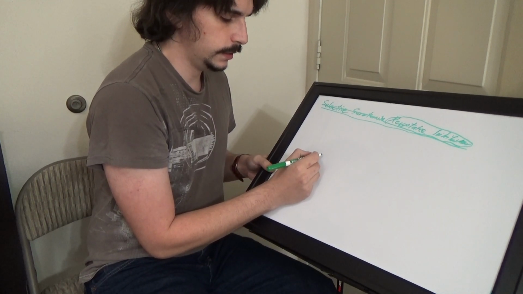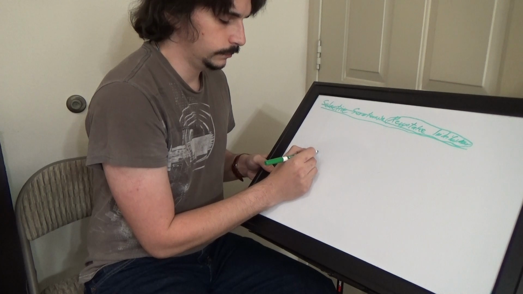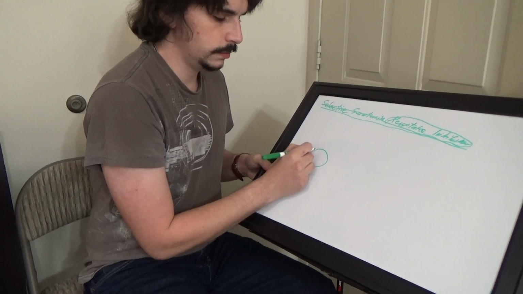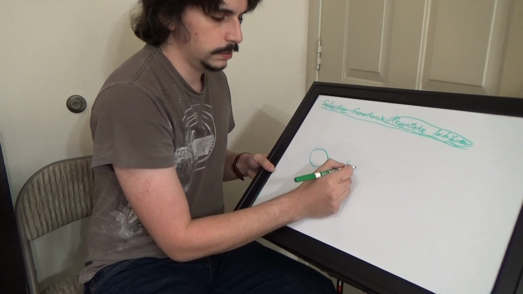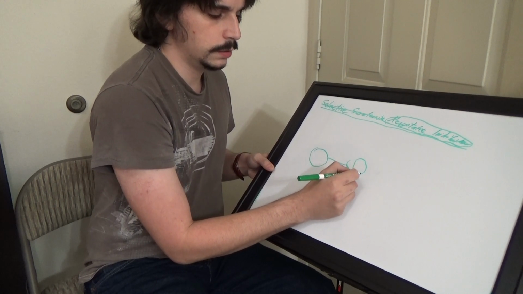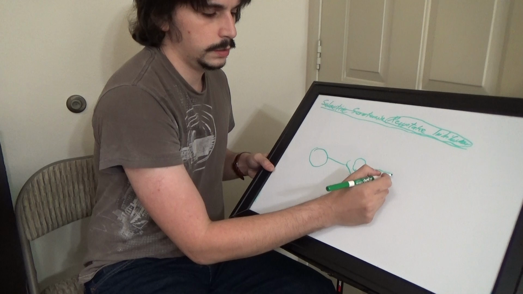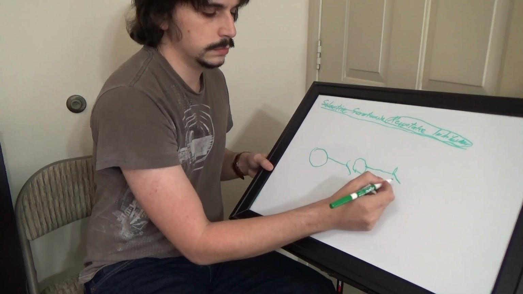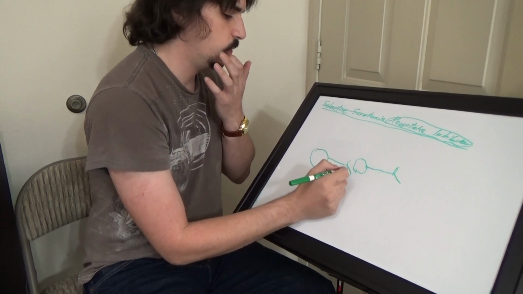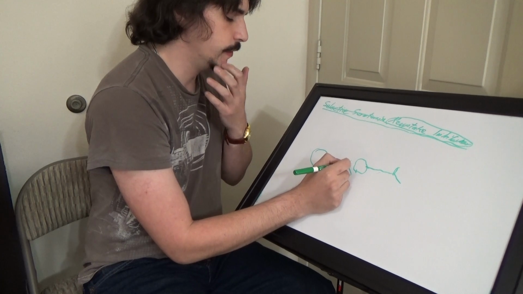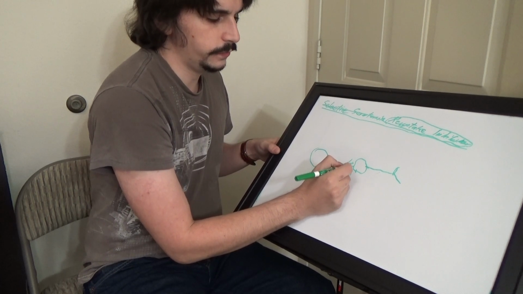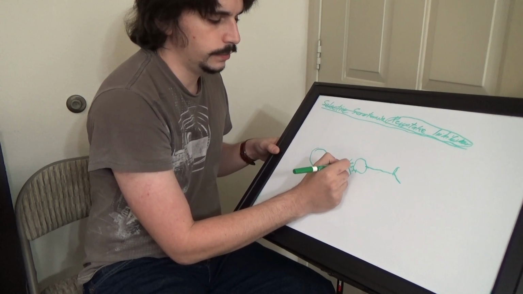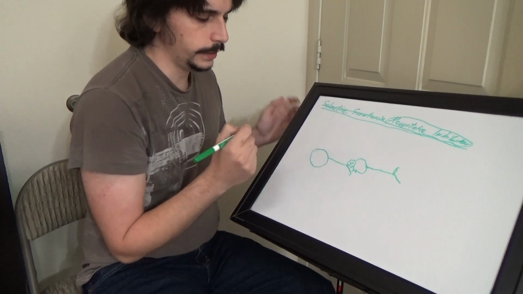Okay. So let's say we have a soma, axon, soma, axon. And then we got neurotransmitters here. So we're going to put, in this case, serotonin here.